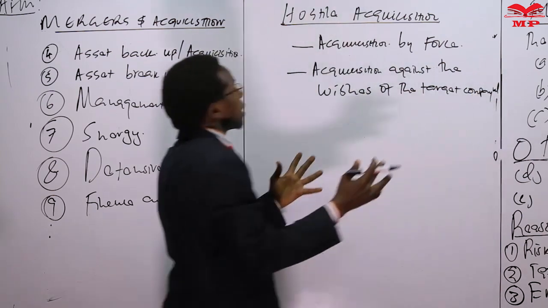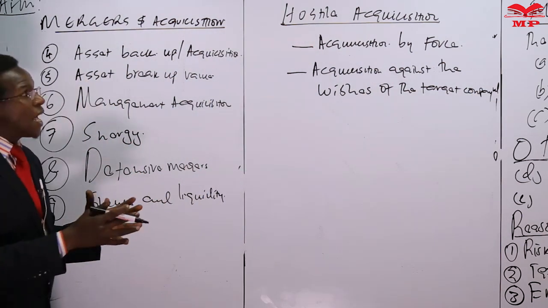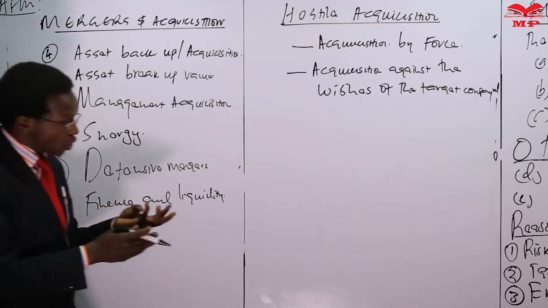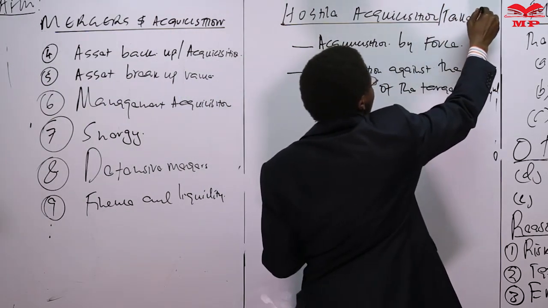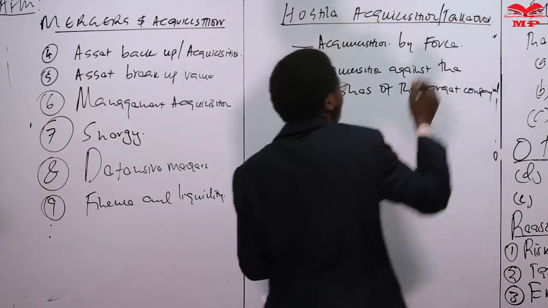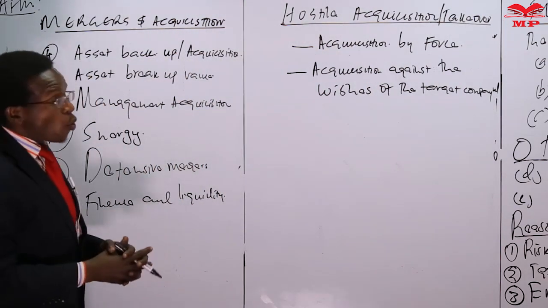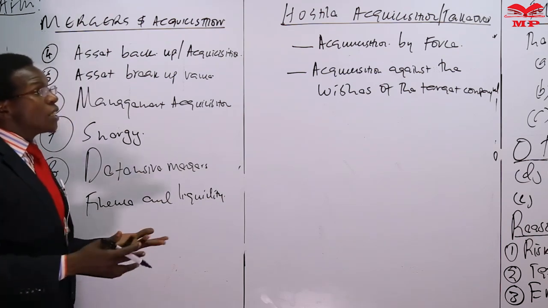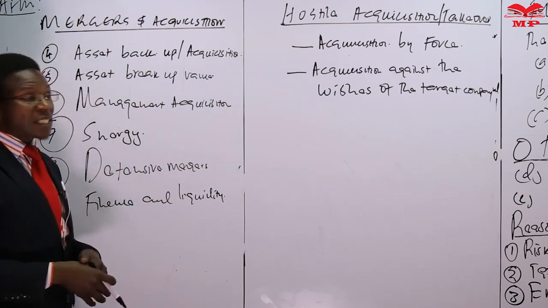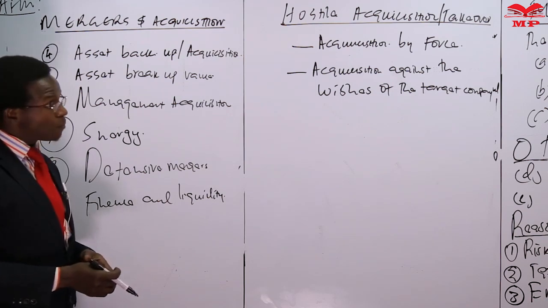That's just a summary of what a hostile takeover or hostile acquisition is. We can call it a takeover or acquisition where we are acquiring the target by force. We are doing it against the wishes of the target company's shareholders.